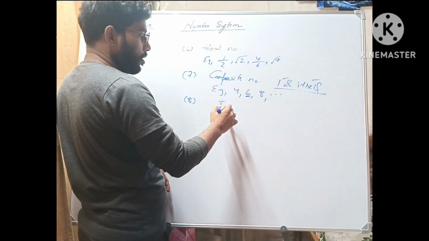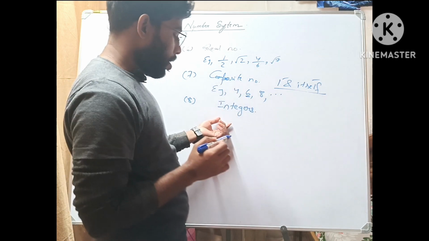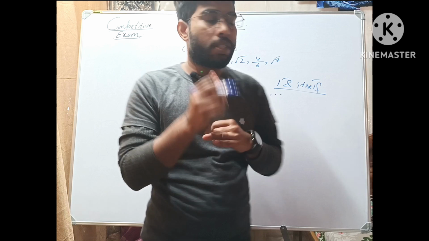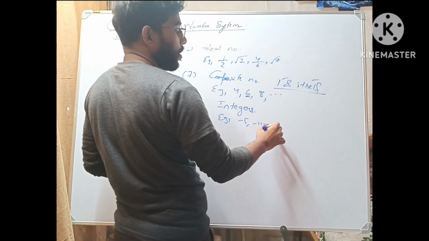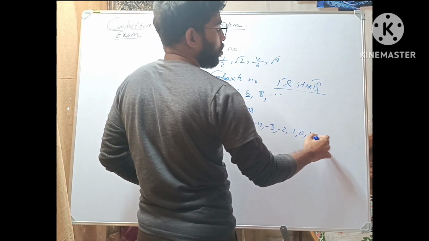Next, integers. Now, integers are those numbers which will have both positive and negative numbers, like -5, -4, -3, -2, -1, 0, 1, 2, 3.